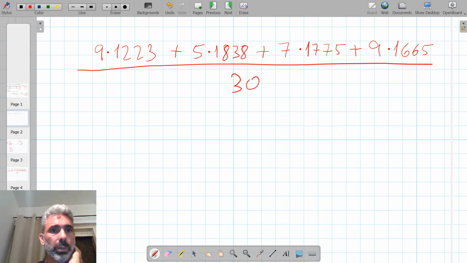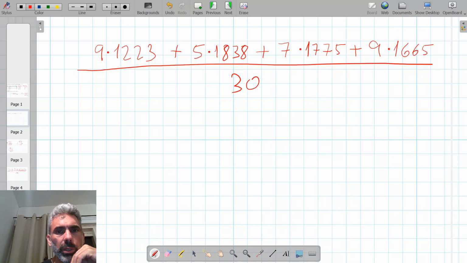Okay, now we need to calculate each of these multiplication problems to evaluate the total balance, the sum of the balance in each of every day of June.